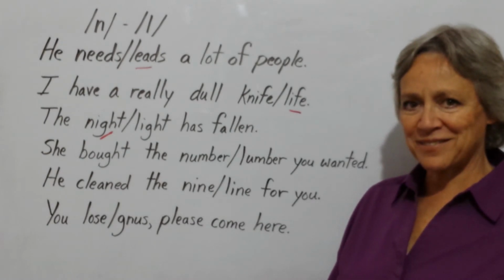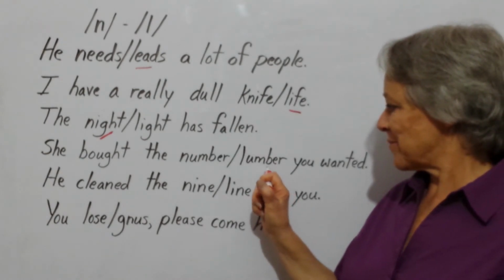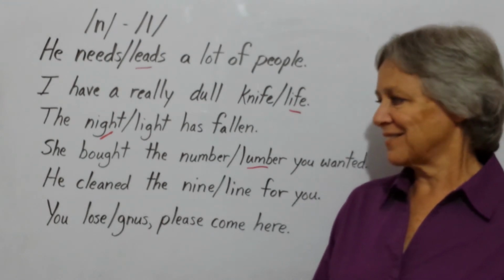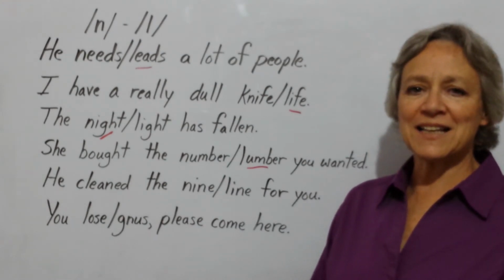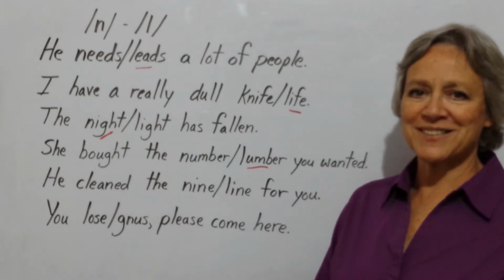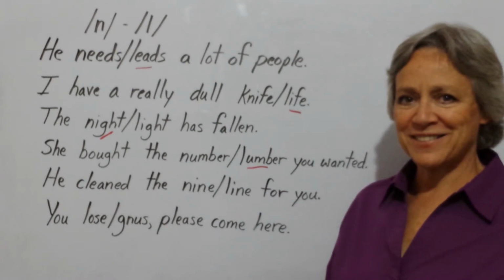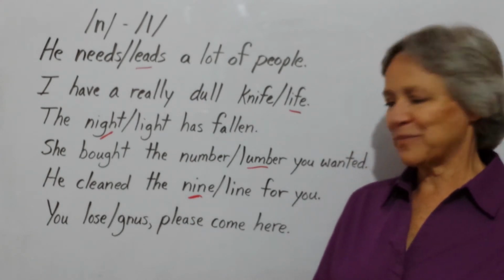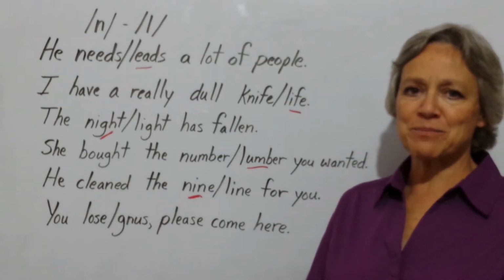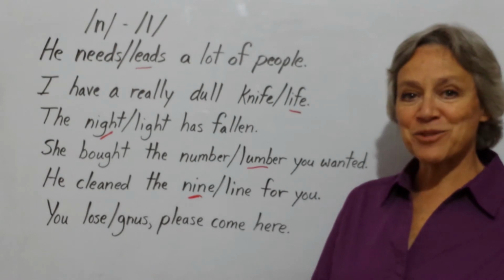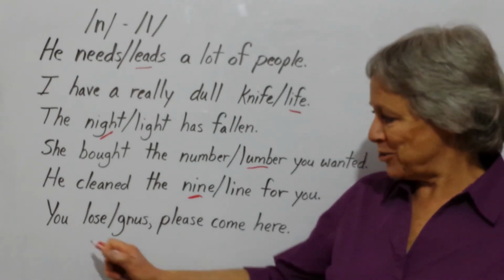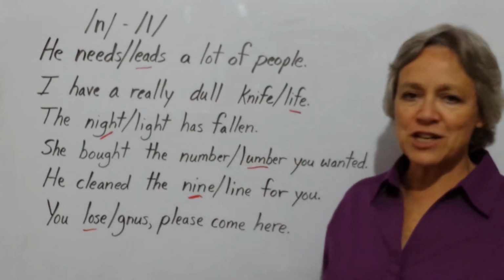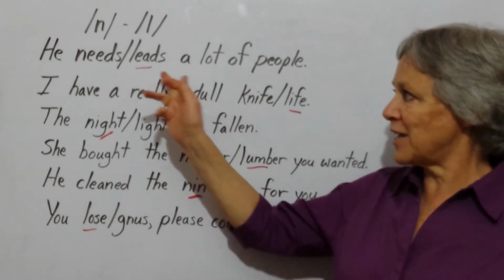Which one? Lumber. He cleaned the nine for you. Which one? Nine. You lose. Please come here. Which one? Lose. All right, now I will read each sentence again with the answers.